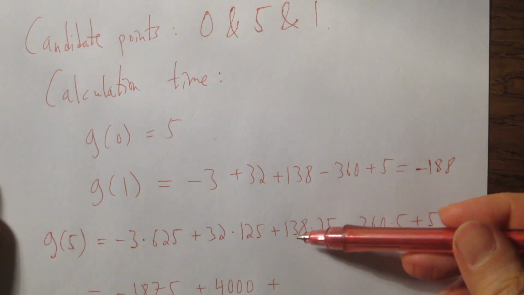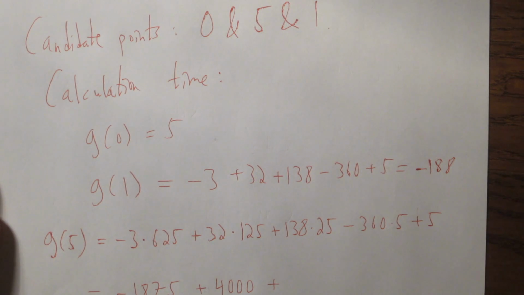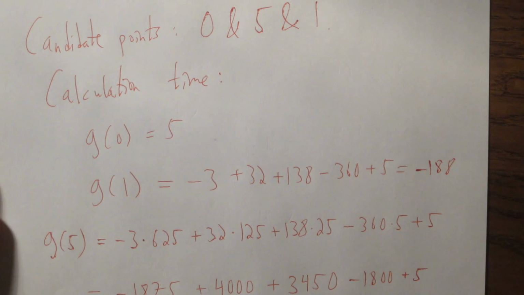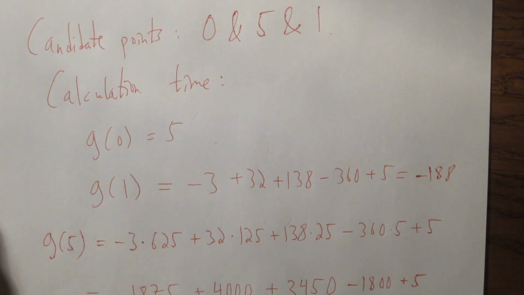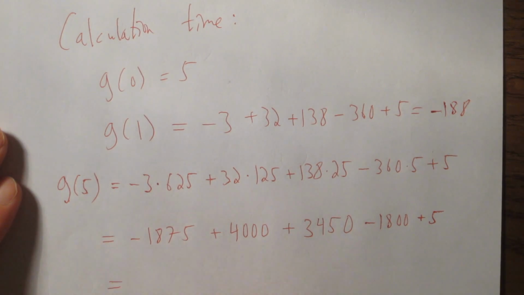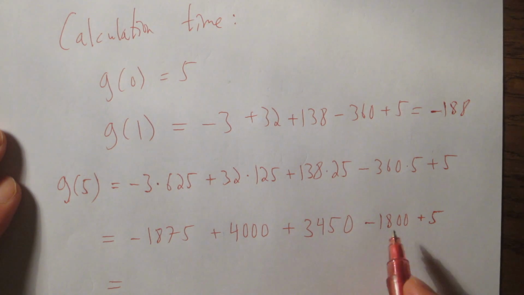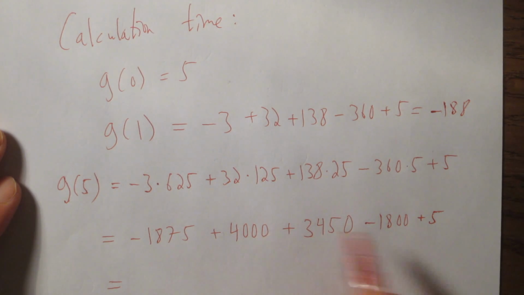So here we can divide by 4 and then add 2 zeros. So here we have like 325.